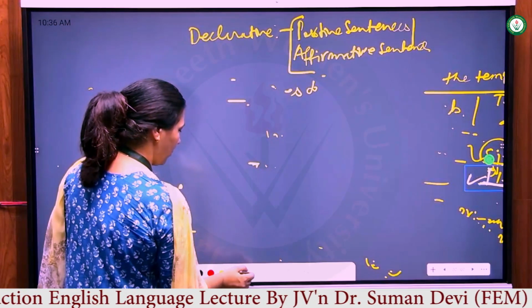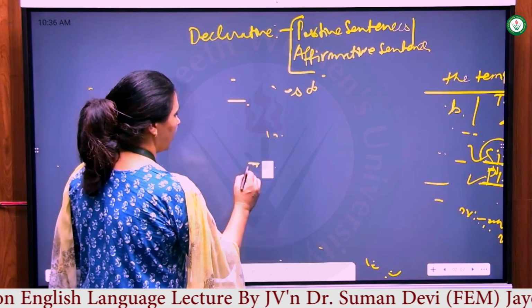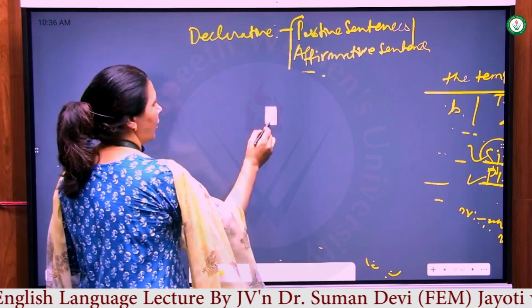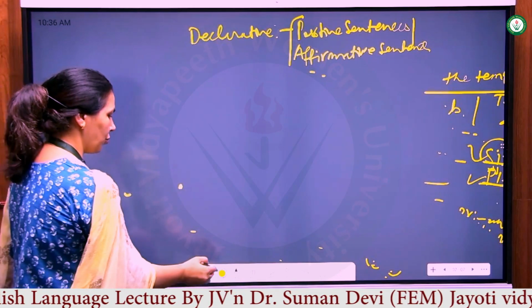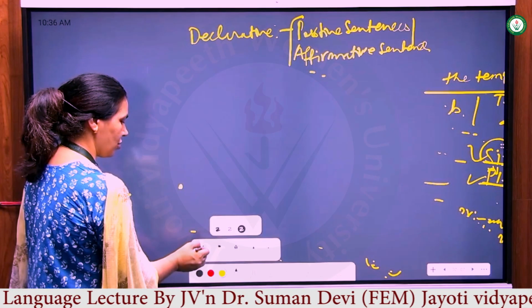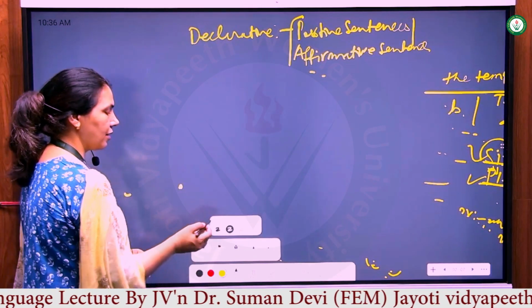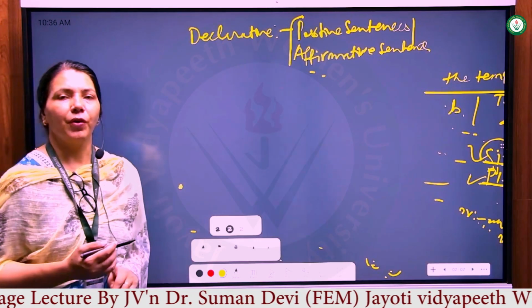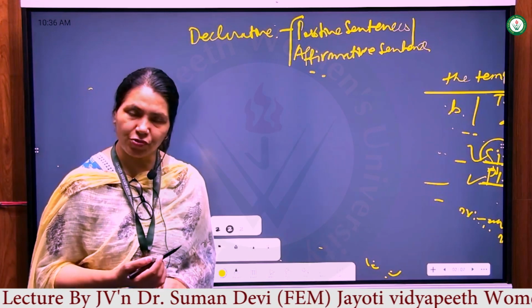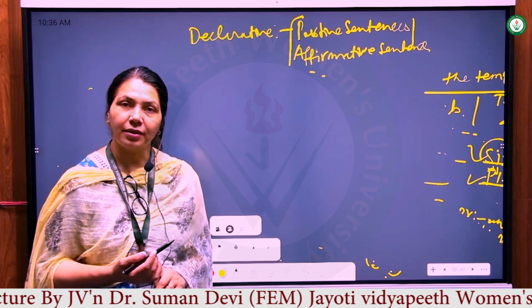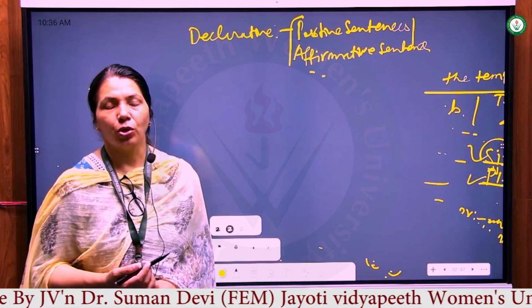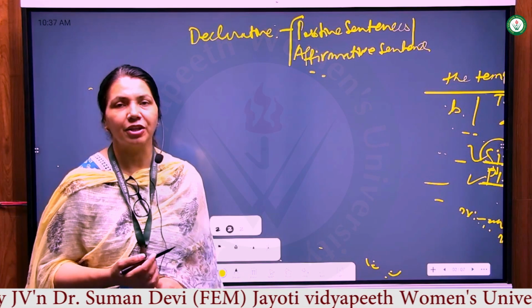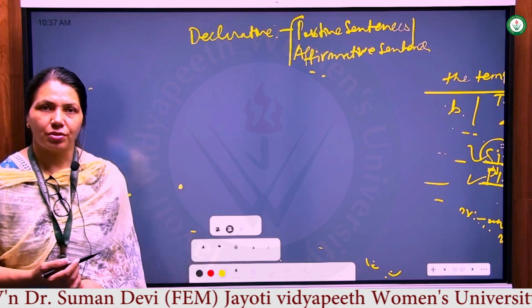Now let's go for the recap. So here we have discussed 4 types of sentences. A sentence is nothing but a group of words. When a group of words has a subject and verb and tells about a statement or maybe a question, then it is called a sentence, right?